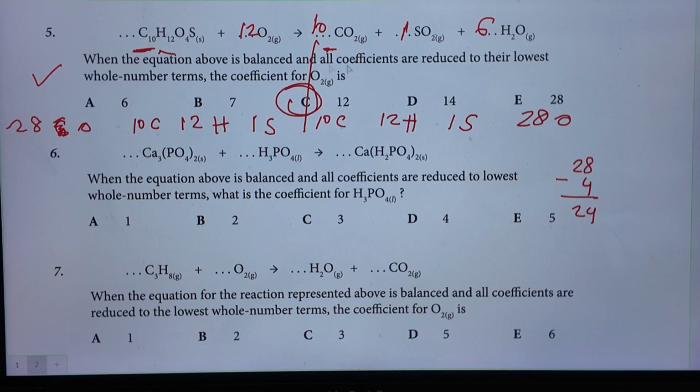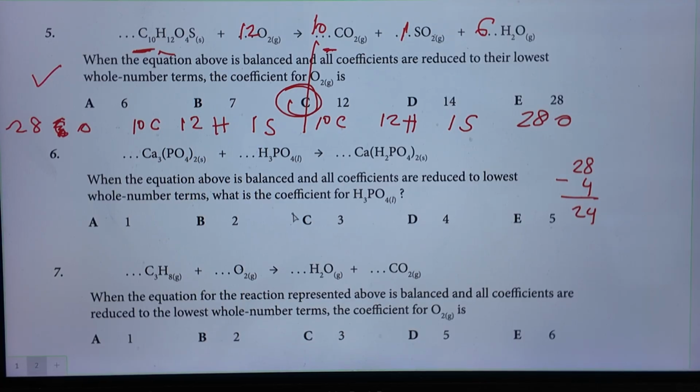So it's just balancing, just playing around with what you can, what's easier to balance, right? Okay, and then the next question. When the equation above is balanced, all coefficients are reduced to the lowest whole numbers. What is the coefficient for H3PO4? And so here we have, let's do this again.